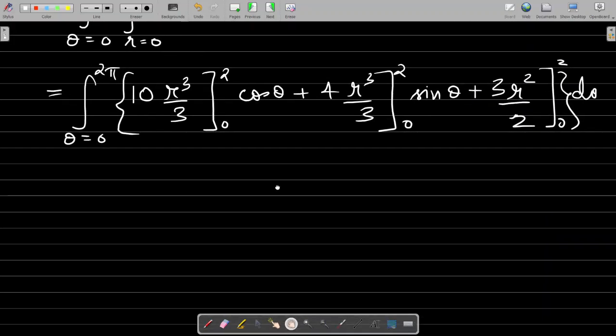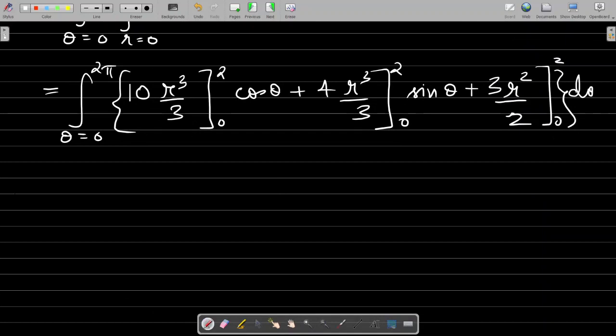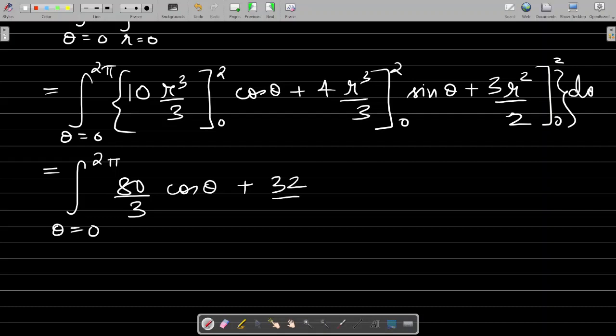So let's simplify this. We will be having this equal to theta from 0 to 2 pi, then you will be having here 80 by 3 into cos theta plus, here 2 cube, 32 by 3 into sin theta plus 3 into 4 by 2, which is 6, d theta.